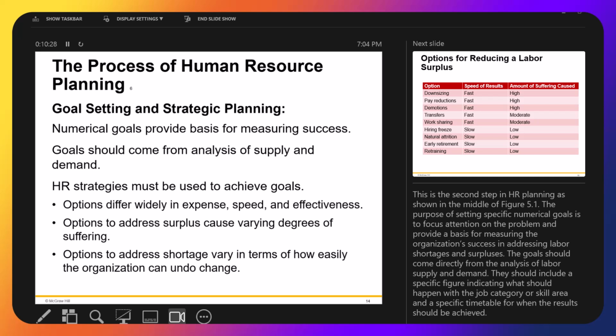So when it's about achieving those goals, you've got to look at the analysis. But most importantly, you need to be able to measure. Give an example: where did we start? Where are we now? Where are we trying to go? In order to do that, you've got to measure. And then you have external things that can factor in, such as expense, speed, and effectiveness.